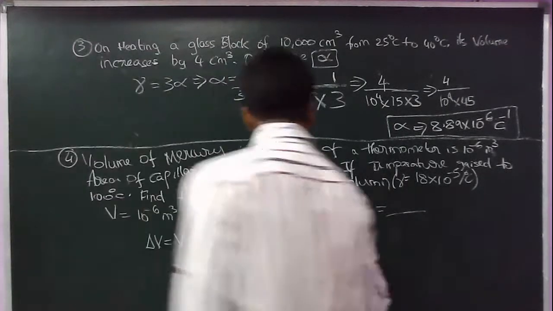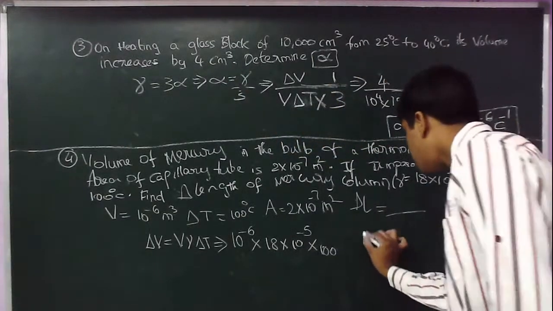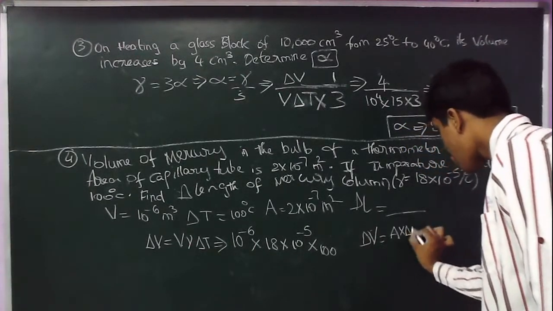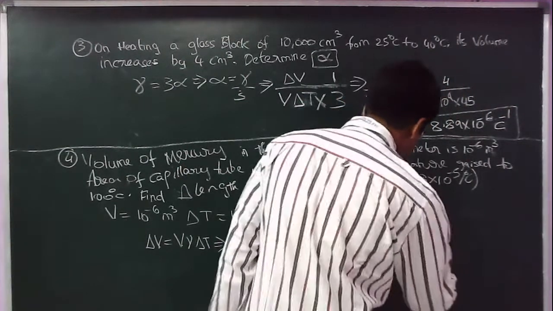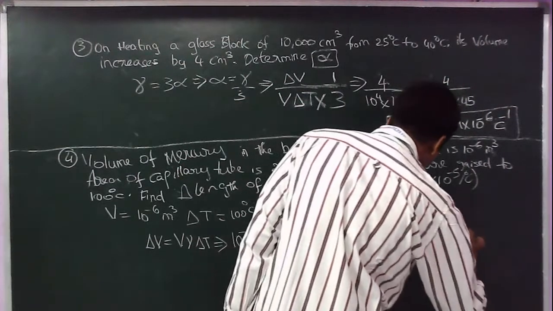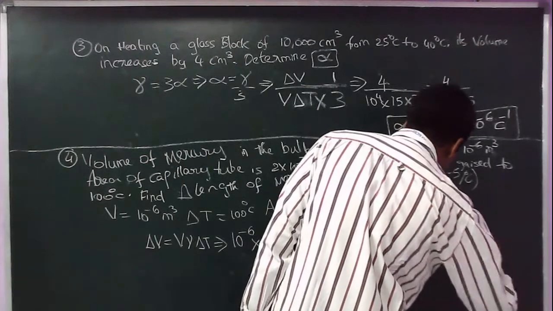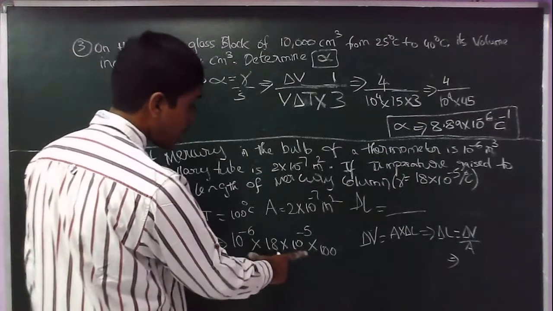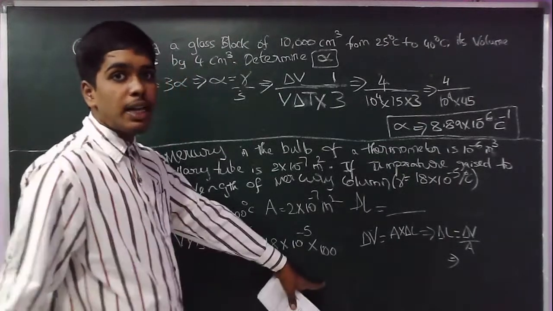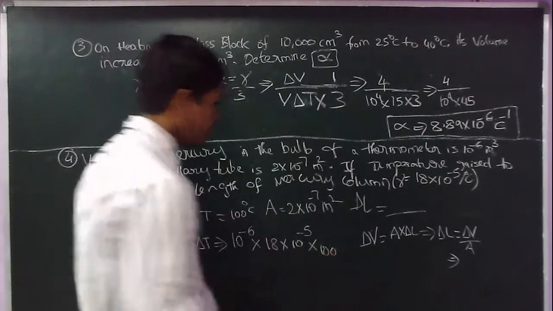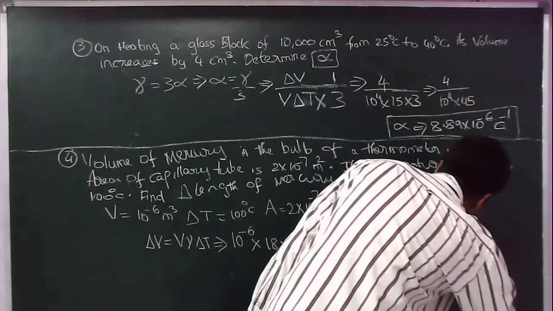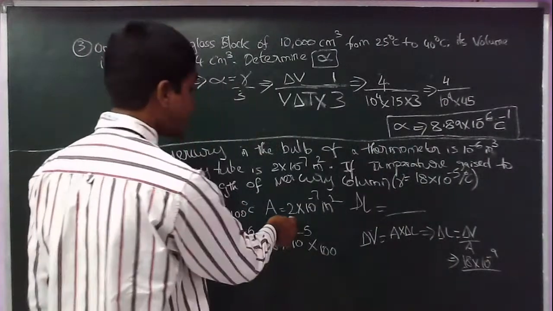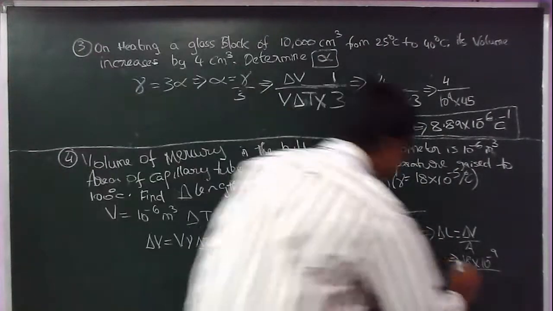Now delta V is equal to A into delta L. So delta L is equal to delta V upon A. Delta V is 10 to the power of minus 11 into 10 square, which is 10 to the power of minus 9. 18 into 10 to the power of minus 9 upon the area, which is 2 into 10 to the power of minus 7.